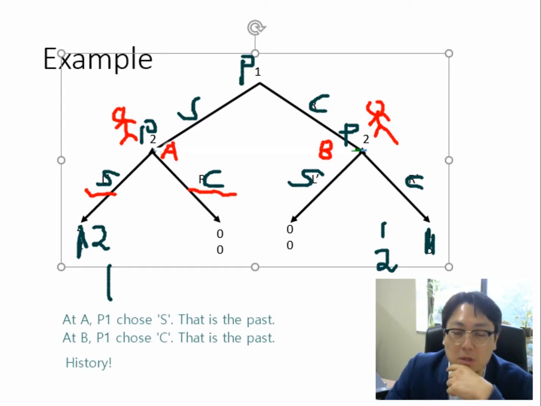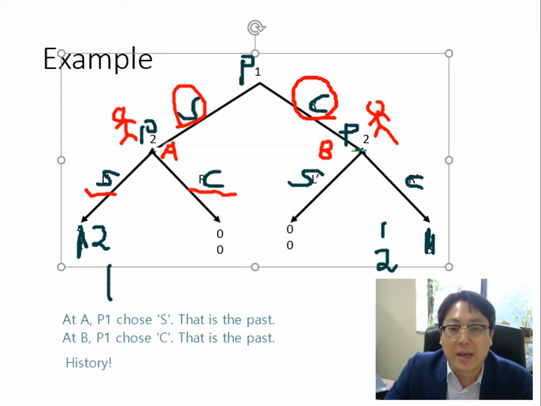What it means is, at this node, player 2 knows that in the past, the first player chose Starbucks. But at this node, the second player knows that the first player chose C in the past. So the histories are different at these two nodes.